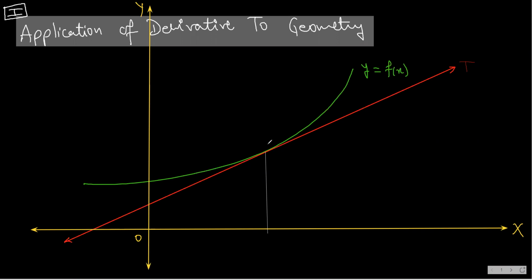The line is touching the curve. There is one and only one point common between the tangent and the curve.